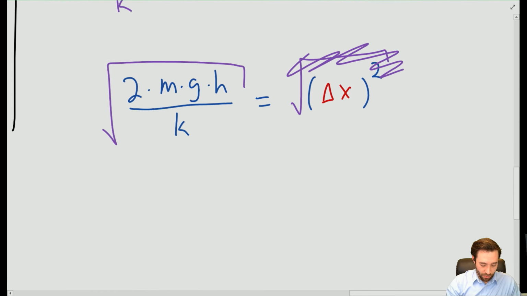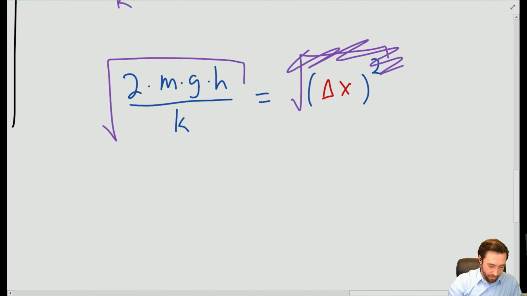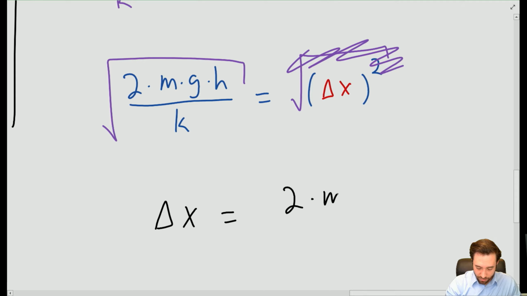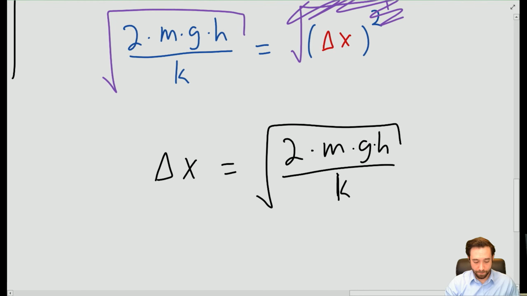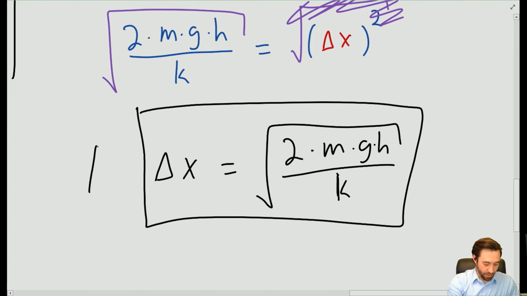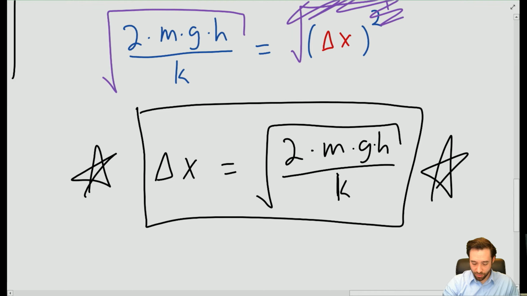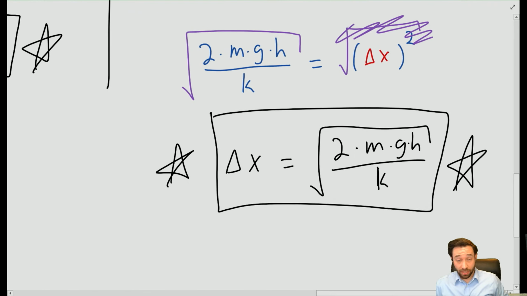So what I'm left with for the equation is going to be delta x equals all under the square root. Cool. So, this is the other equation that I would highly recommend you write down. I've done all the algebra for you. You don't need to do the algebra.